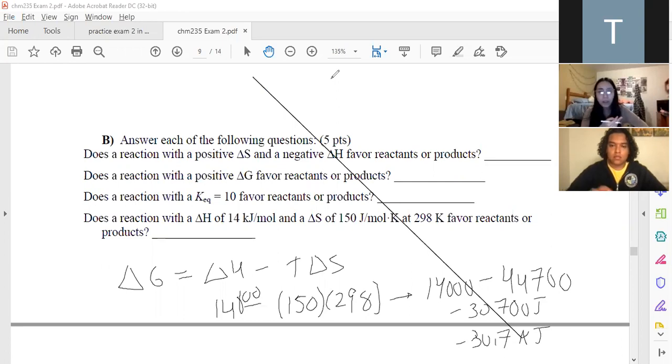I tried adding them instead of subtracting them because I thought maybe that's a mistake she made, but it might just be a weird calculation problem. So I would say just ask her about it.